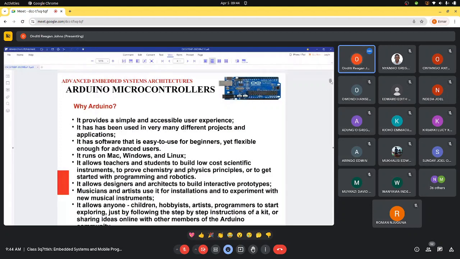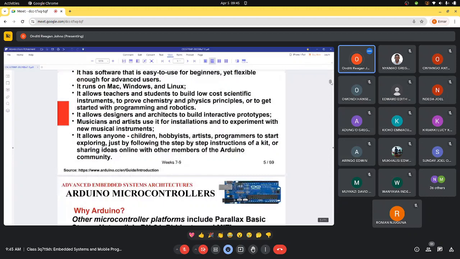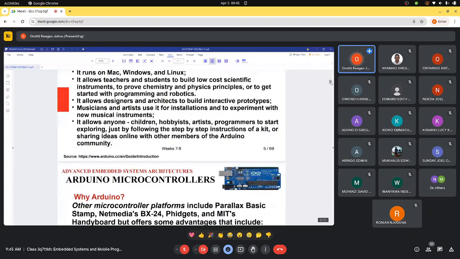Musicians and artists use it for installations and to experiment with new music. You can see how powerful embedded systems come in. It allows anyone to start exploring just by following the step-by-step instructions of this kit and sharing ideas online, and you'll be up and dry in terms of the functionality of the Arduino system.